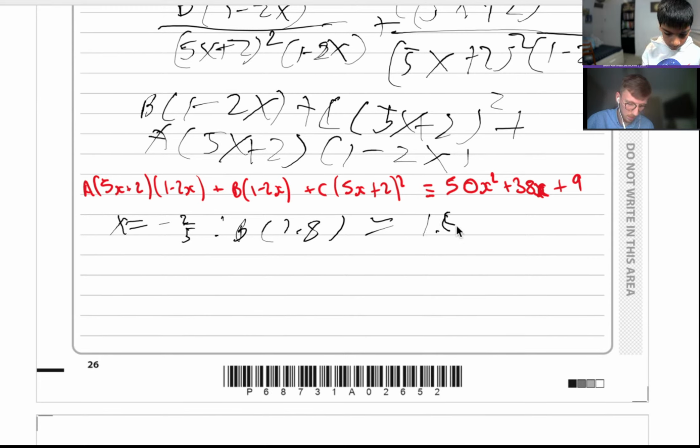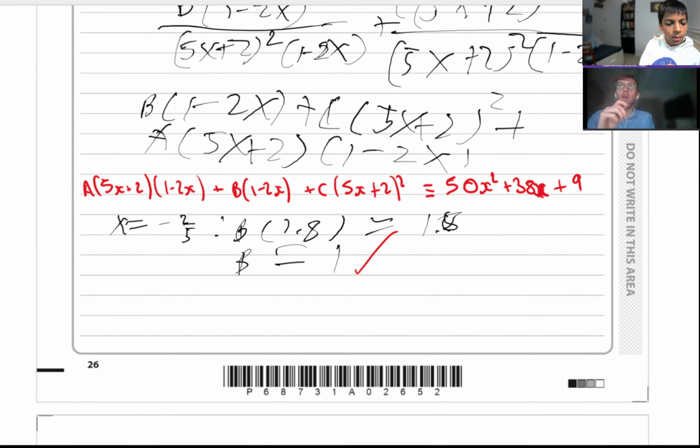Whenever we want to sub in a different value, just press calc again and then type in the value. Yeah, you press calc, then type x. And just divide by 1.8. B is 1. B is 1, spot on.